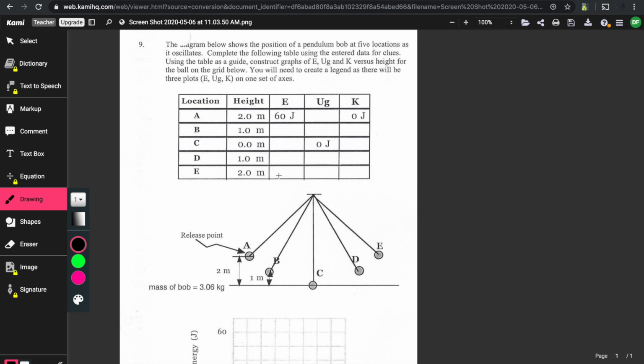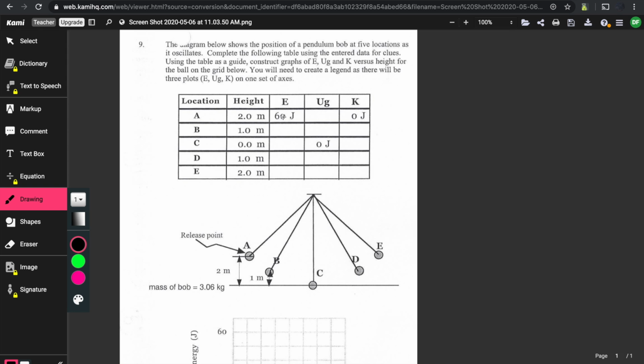So first thing, because of conservation of energy, if the energy at A is 60 joules, we don't need to know anything else. We are assuming no friction, no damping, no non-conservative forces.